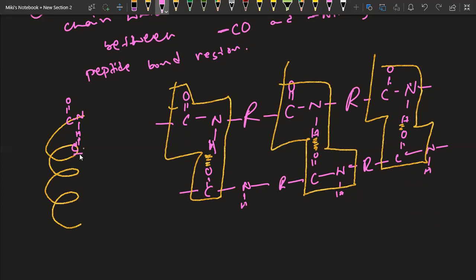So it was correct. So let's say there is carbon and oxygen. In between this carbon and oxygen, the upper hydrogen and the lower oxygen tend to form a bond. In the same chain, this hydrogen bond can also be formed. The hydrogen bond was between the hydrogen from the nitrogen of the peptide linkage and the oxygen from the same linkage.